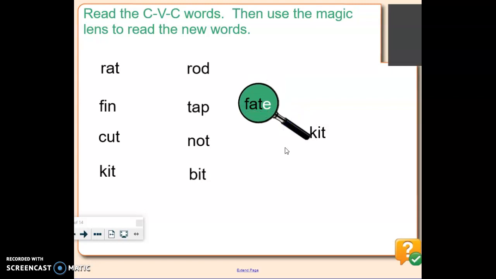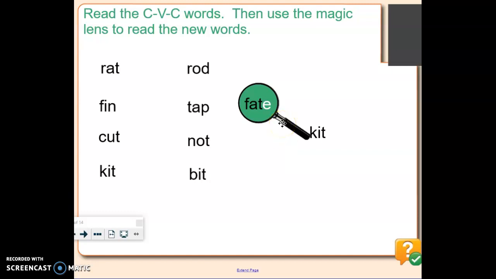Now what does the word say? Let's see. Fate. Is that what you got?